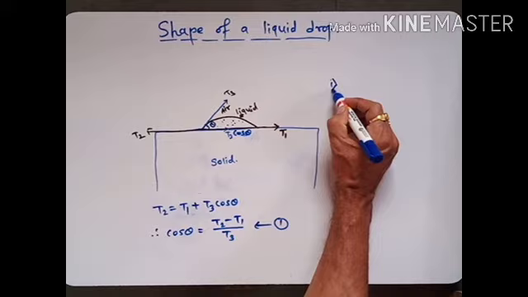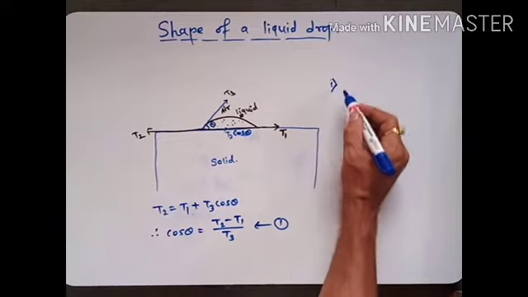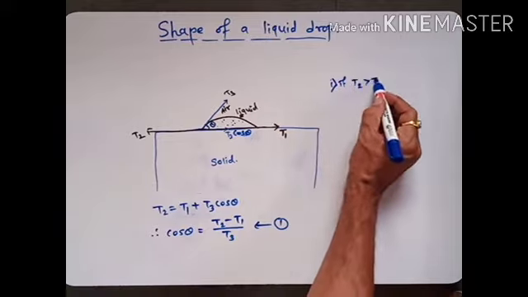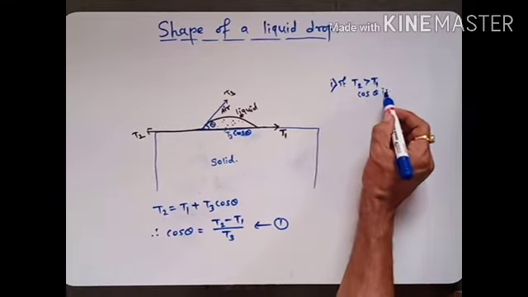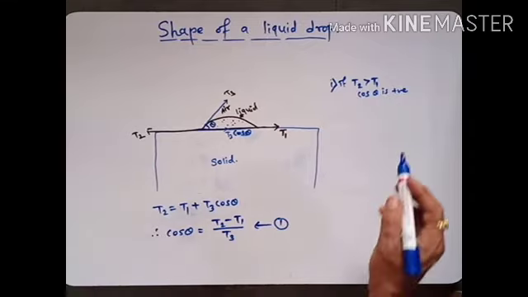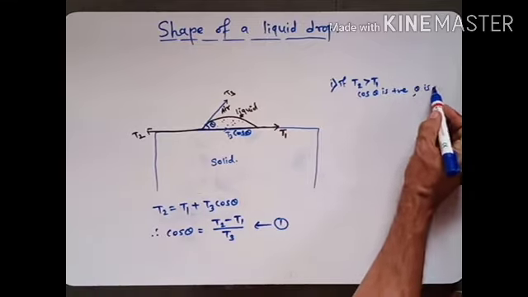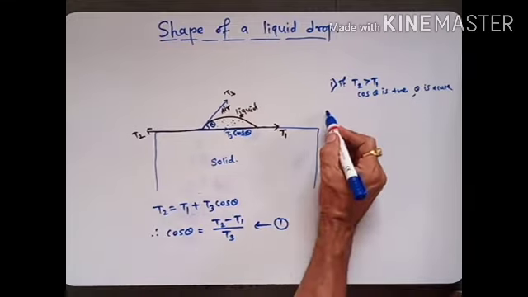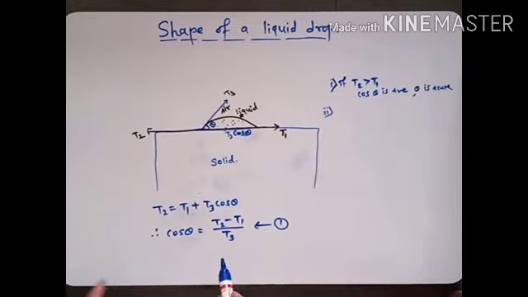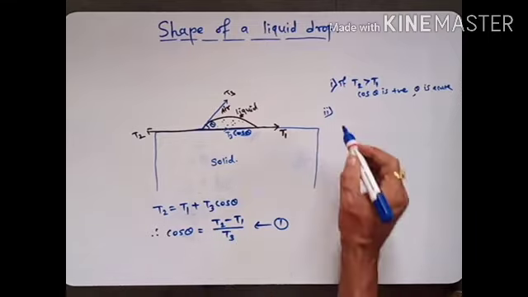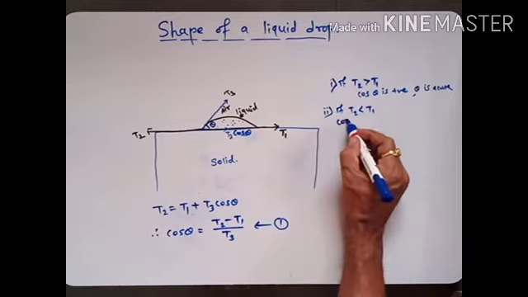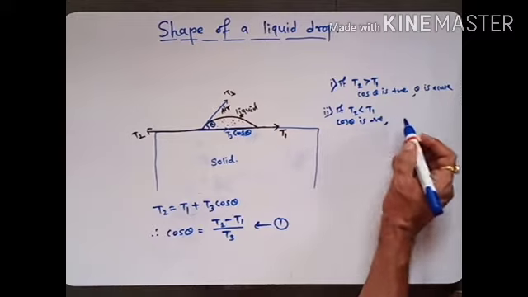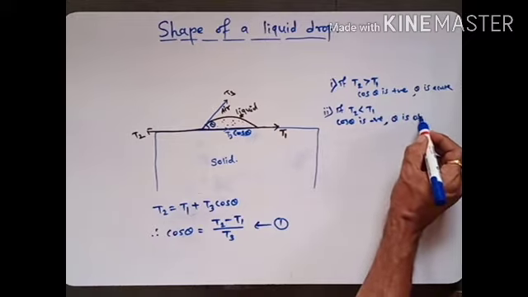Now I will consider a number of cases one by one. If T2 is greater than T1, cos theta is positive and theta is acute. Secondly, if T2 is less than T1, cos theta is negative and theta is obtuse.